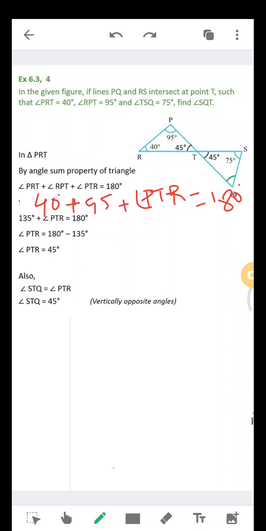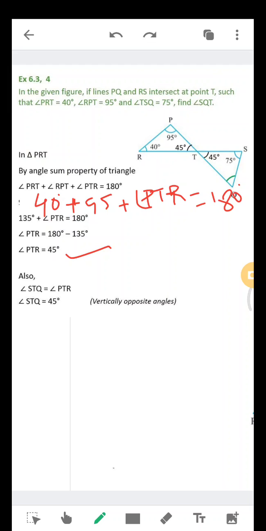When you transpose this 135 to the right, it becomes 180 minus 135, that will be 45 degrees. So we have got this as 45. Now if PTR is 45, STQ will also be 45 degrees, because they are vertically opposite angles.